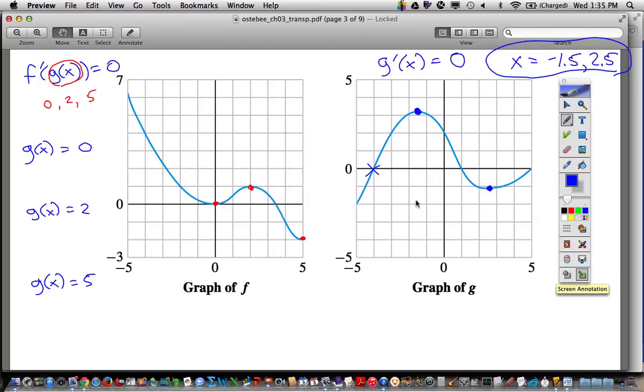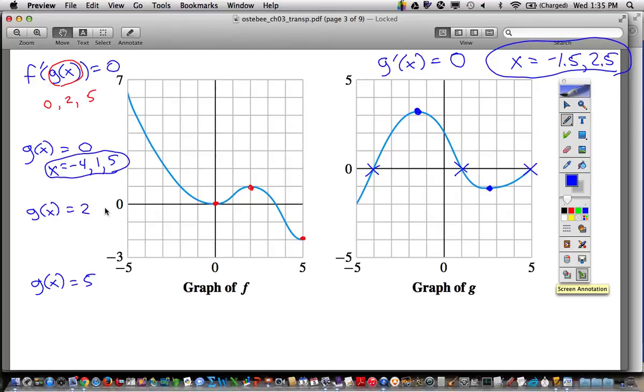There, and there, and there. Because what we're asking is, when's the output of g a 0? It's like when is the output of x squared a 2 in the last problem? The output of x squared is a 2 when x is plus or minus square root of 2. So this would be at -4, at 1, and at 5. So there's 3 more answers.